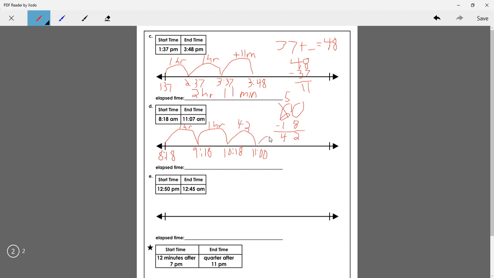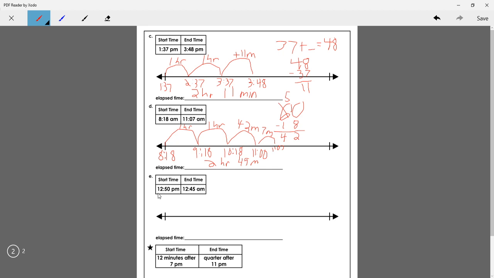And then plus 7 minutes. So that's 42. 7 minutes to 11:07. 42 plus 7 is 49. It's the same thing. 2 hours, 49 minutes. So that's two ways of doing it.